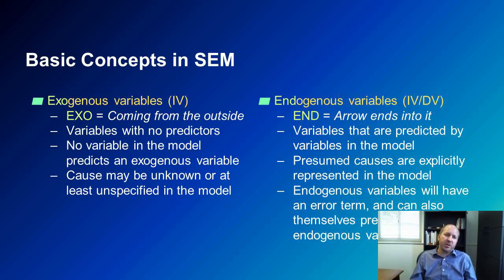Rather we use the terms exogenous and endogenous variables. Exogenous variables are at the very beginning; they aren't predicted by any other variables in our model. And endogenous variables have an arrow going into them, so they are being predicted by other variables, and their causes are presumed to be explicitly represented in the model by other variables in that model.